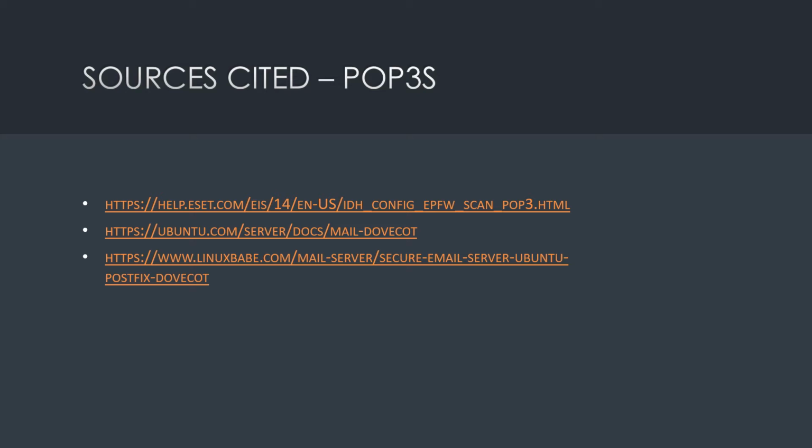Ubuntu, of course, always has good sources and walkthroughs. ESET is one I didn't know previously, but it did have a good config walkthrough and list of commands as well. And the final one is Dovecot and Postfix specific, which is going to be useful, especially with our subject matter this semester.